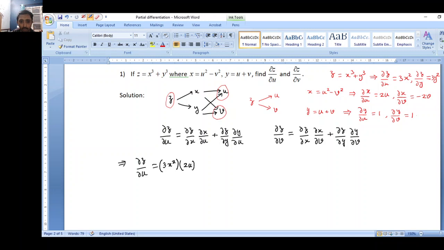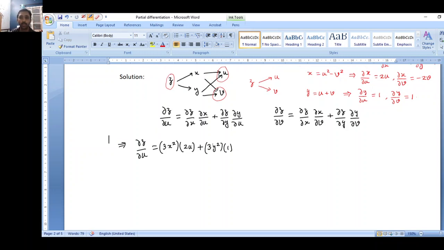So this will be 2u plus ∂z/∂y. ∂z/∂y is 3y², and then this is multiplied with ∂y/∂u, and ∂y/∂u is 1. So this will be 1. Okay. So this is effectively equal to 6x²u plus 3y².